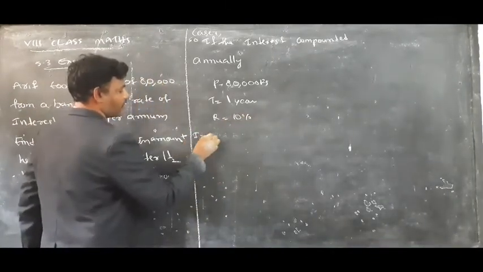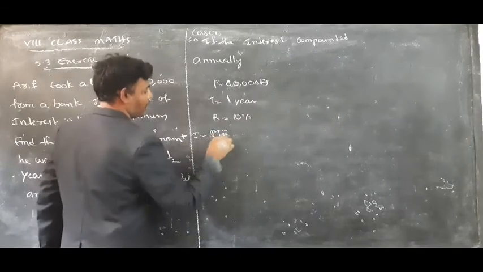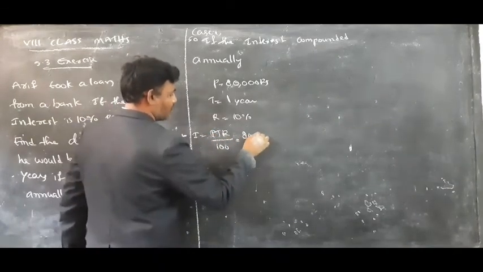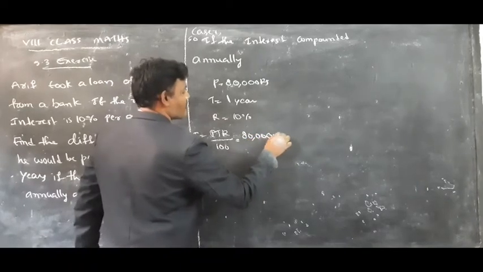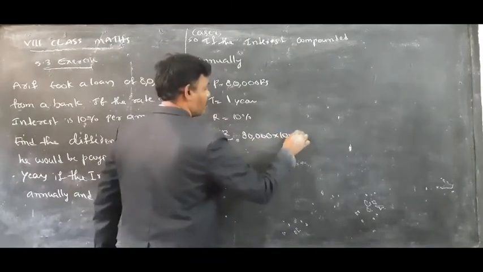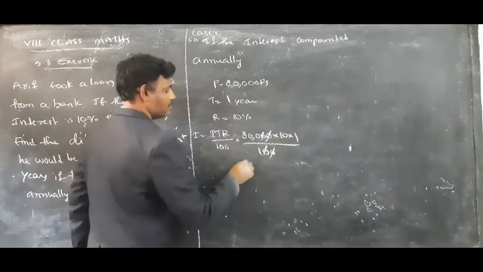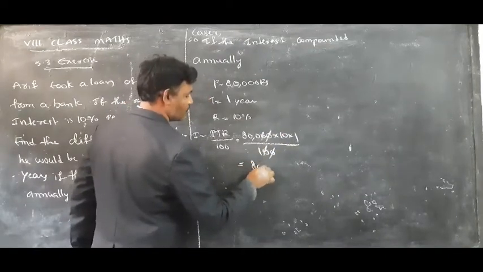Then I is equal to PTR by 100, which is 80,000 into 10 into 1 by 100. Zeros are cancelled, so it is 8,000.